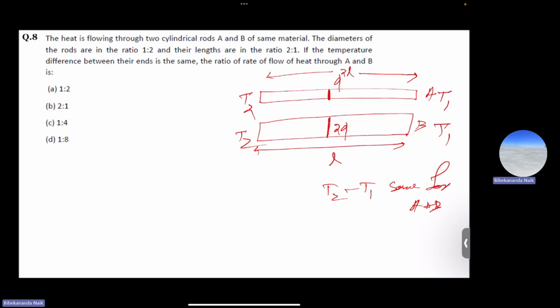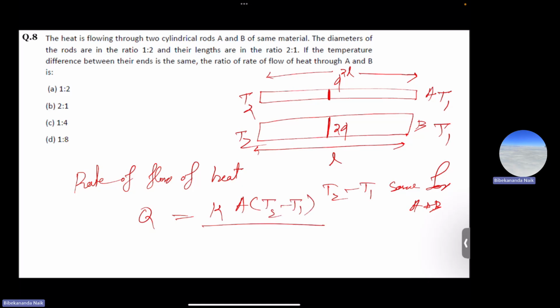Now we need to find out the ratio of rate of flow of heat. So we know the rate of flow of heat is given by Q, which is K A (T2 minus T1) by L, given that T2 is greater than T1. Here L is the distance between the two ends, that is the length of the rod.